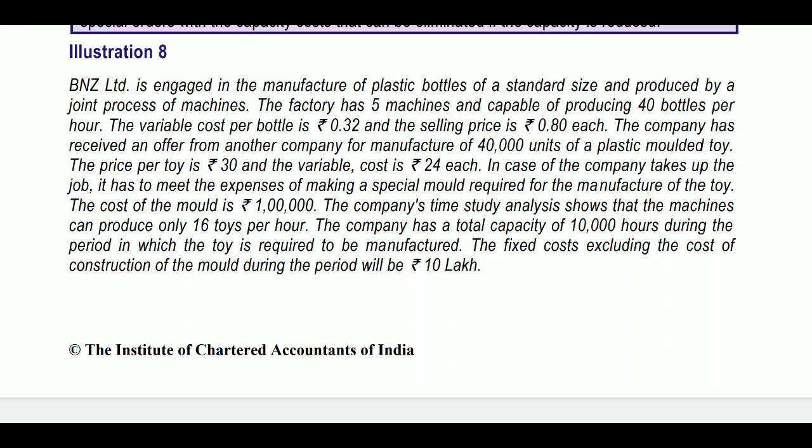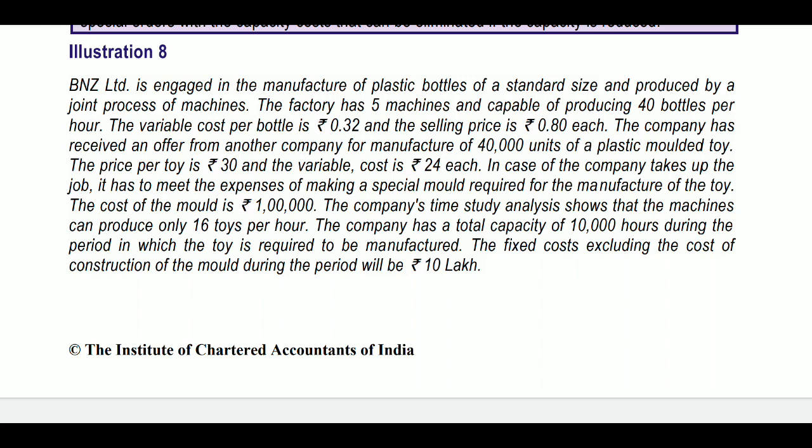So for ties it requires 2,500 hours, that is 40,000 units divided by 16, which becomes 2,500 hours.